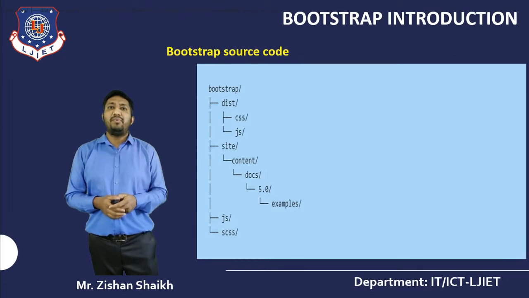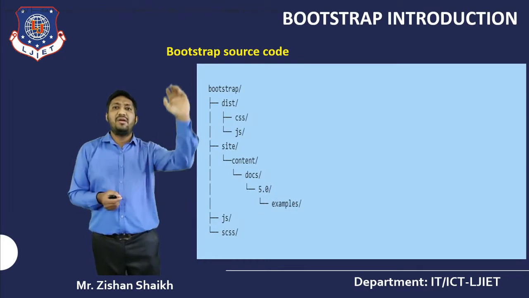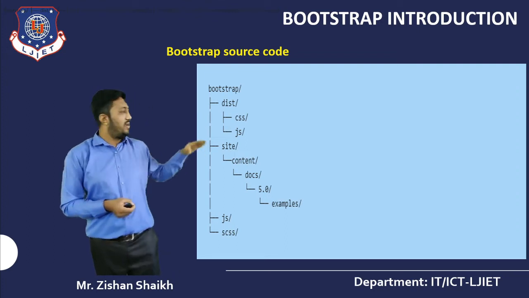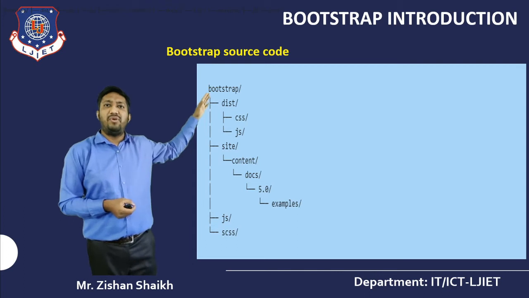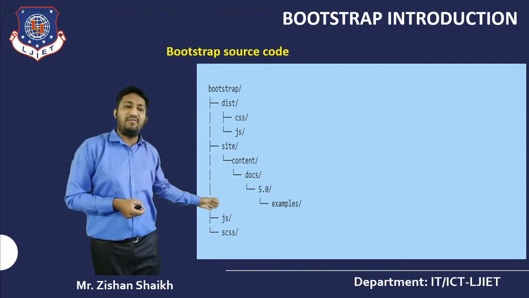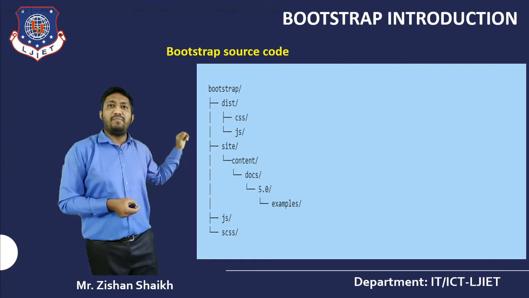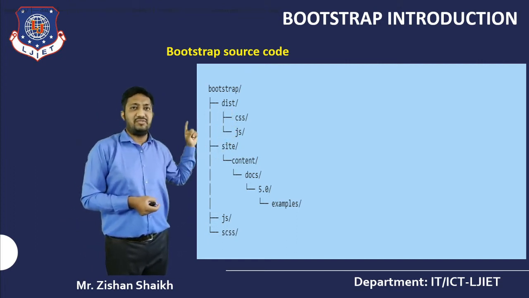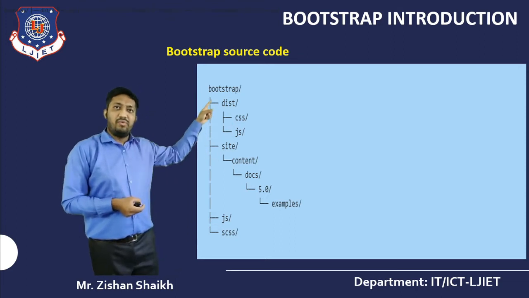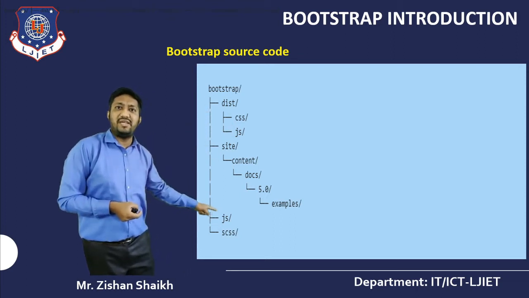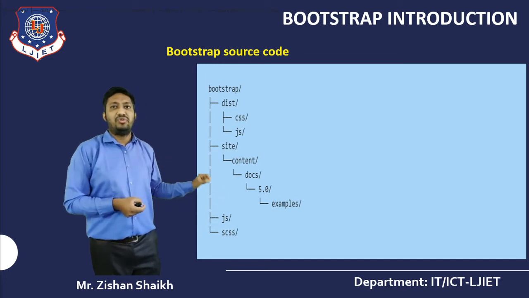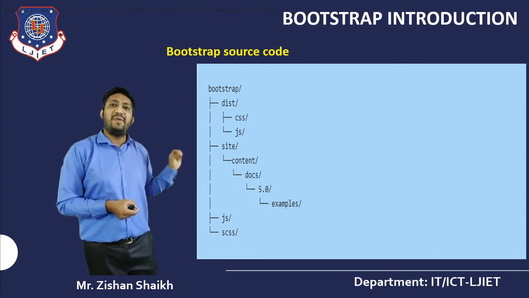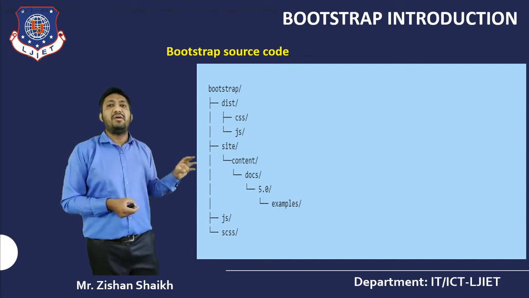Now we are moving to the Bootstrap source code. You can see the hierarchy, how the Bootstrap folder maintains the data. In the Bootstrap folder, you see a number of packages or folders. From that, there is a dist folder that contains CSS and JS folders, and another Bootstrap folder directly having a JS folder and an SCSS folder. The JS and SCSS folders have all types of basic libraries which will be included by our Bootstrap.